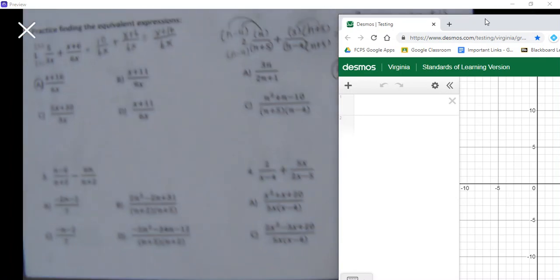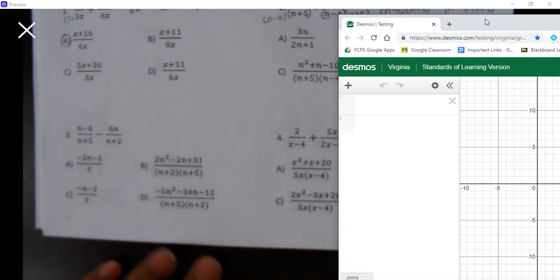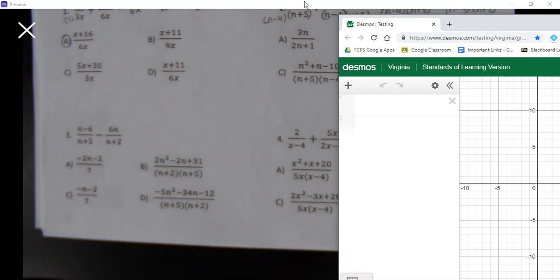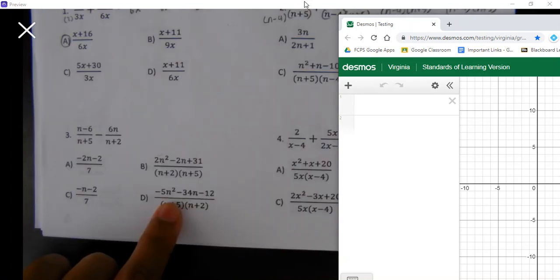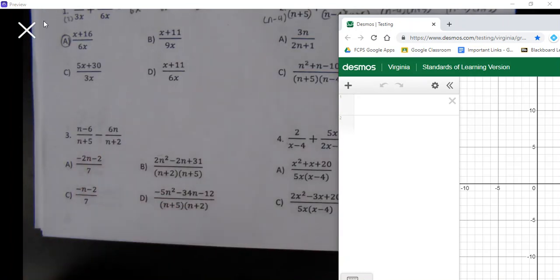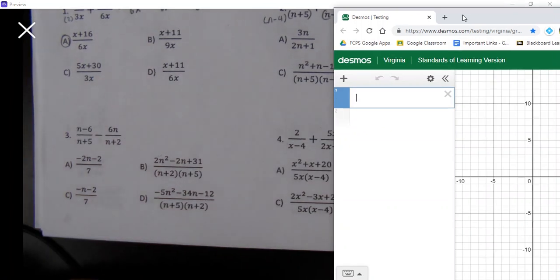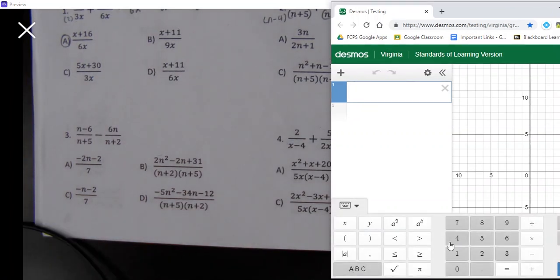Answer choice D seems like the closest answer to what I got. So one way you can check it is to put your original in Desmos.